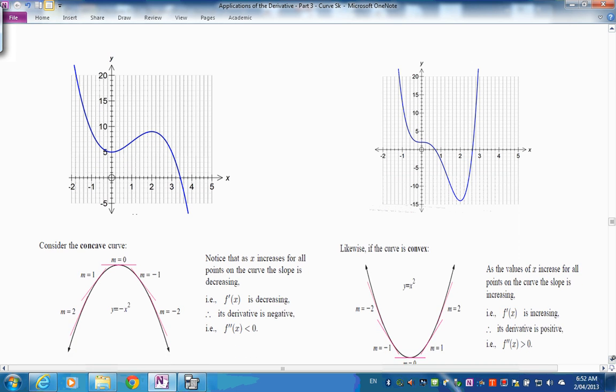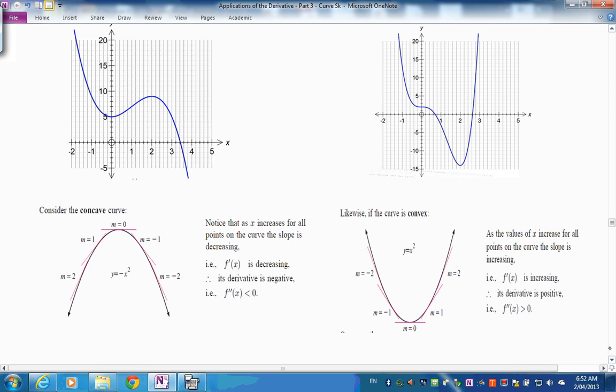I'm just going to summarise some of the things we've done here and go back to those graphs we had earlier. Can you notice that if we have a concave curve, well, that's like this bit here, can you see that the slopes are positive, 0, going to a negative?